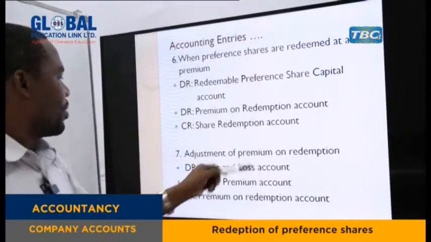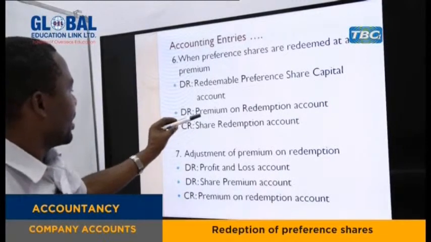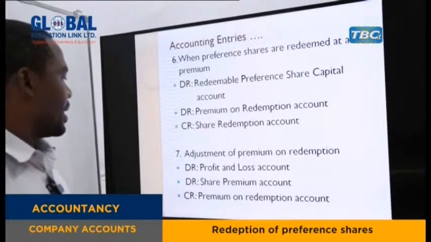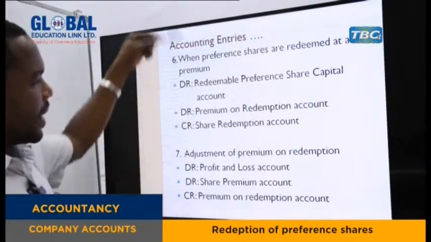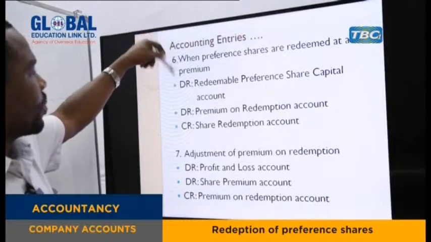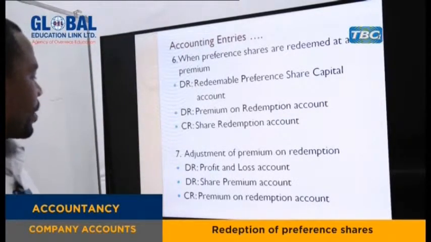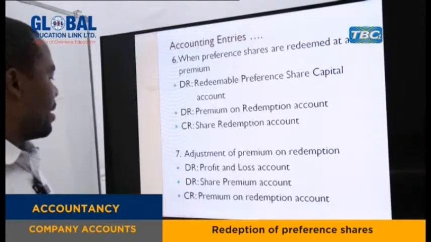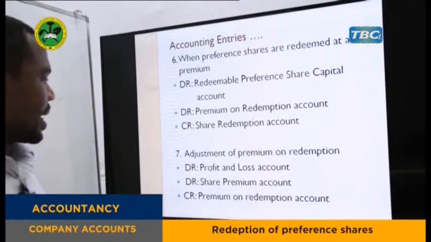For any adjustment of premium on redemption, as I've said, premium on redemption is an expenditure and should be offset. So it depends again. If these preference shares were issued previously at a premium, we may use the premium to offset this. And if it is not sufficient, we may use also the profit and loss account.